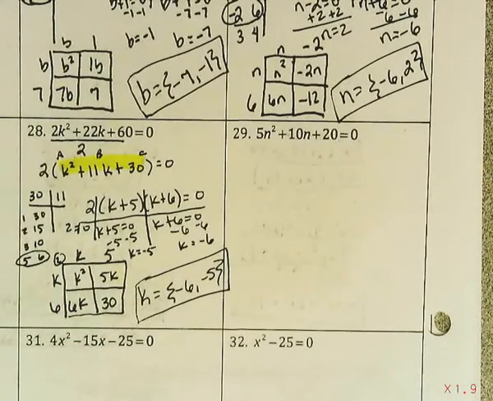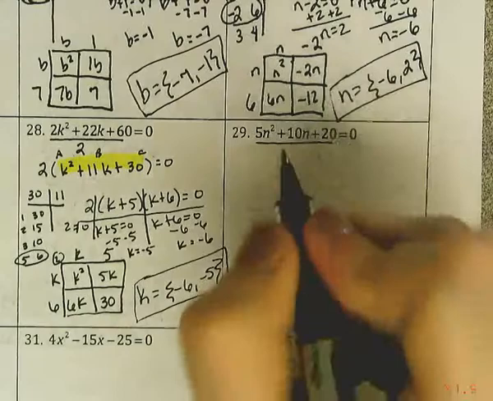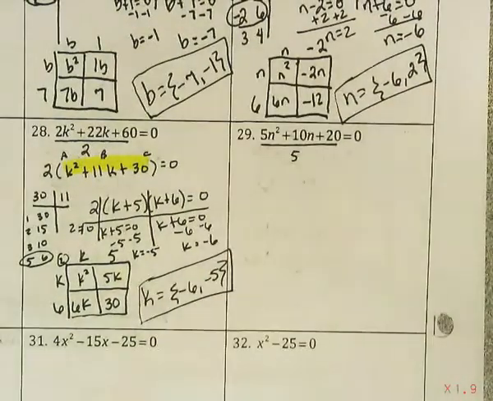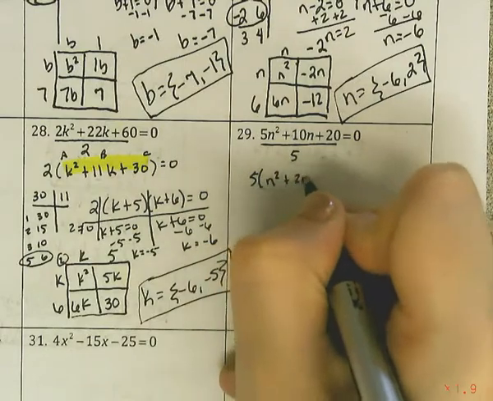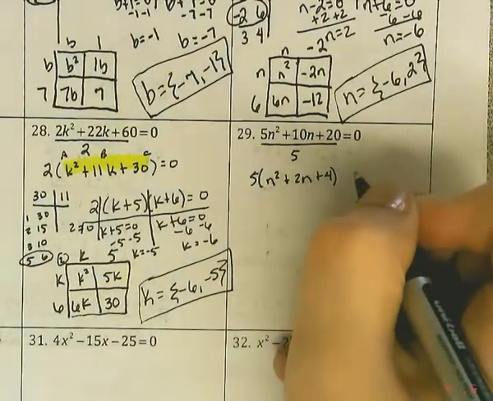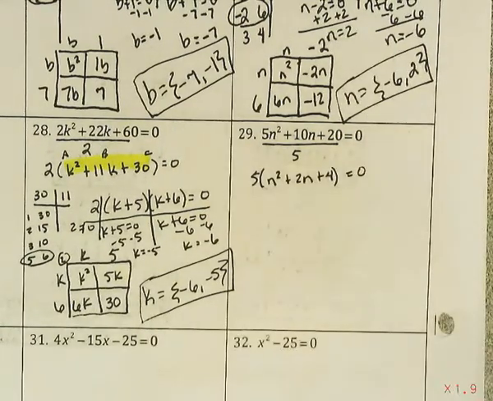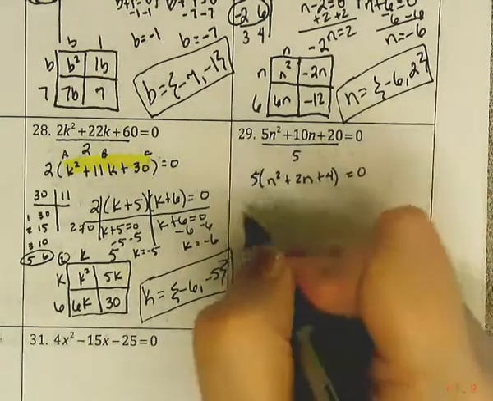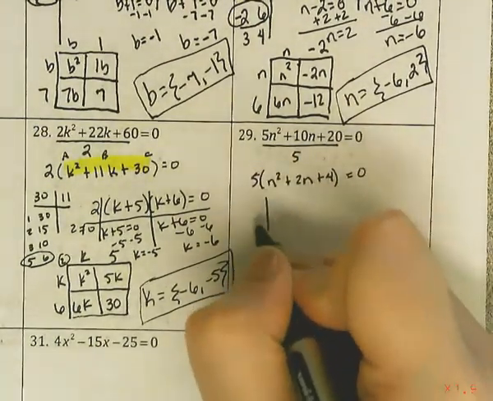Okay, 29. This one also happens to have a greatest common factor, 5n squared plus 10n plus 20. Let's divide by 5. So 5 times n squared plus 2n plus 4 equals 0. Okay. We want to find 2 numbers, so let's make our ACB chart.